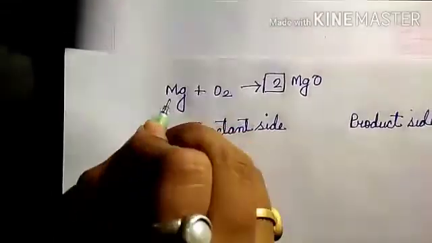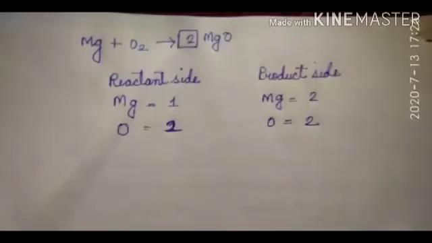In the reactant side, magnesium is 1 and oxygen is 2. Now in the product side, magnesium is 2 and oxygen is 2. Now here, the number of oxygen atoms on both sides is equal, but the number of magnesium atoms is different.